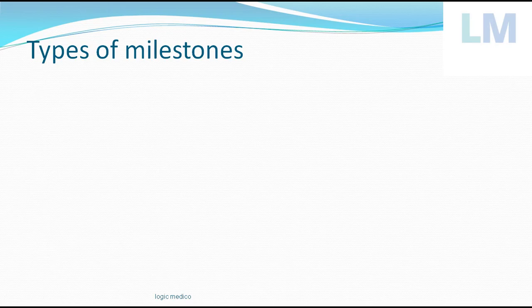So what are the types of milestone? Basically there are 4 types of milestone. Gross motor, that is any movement in which the child is using large muscles. So they are doing gross movement, that's called gross motor. Fine motor, in this the child is using tiny muscles of the finger to do skillful delicate movement, that's called fine motor.